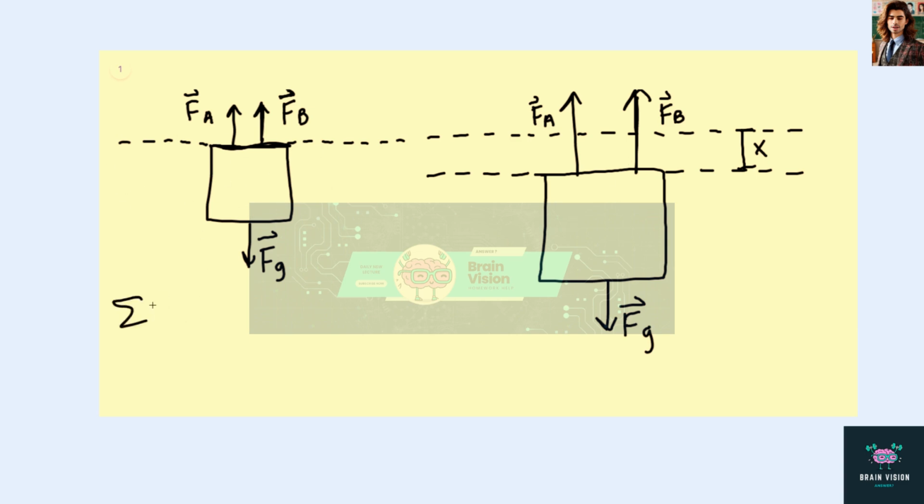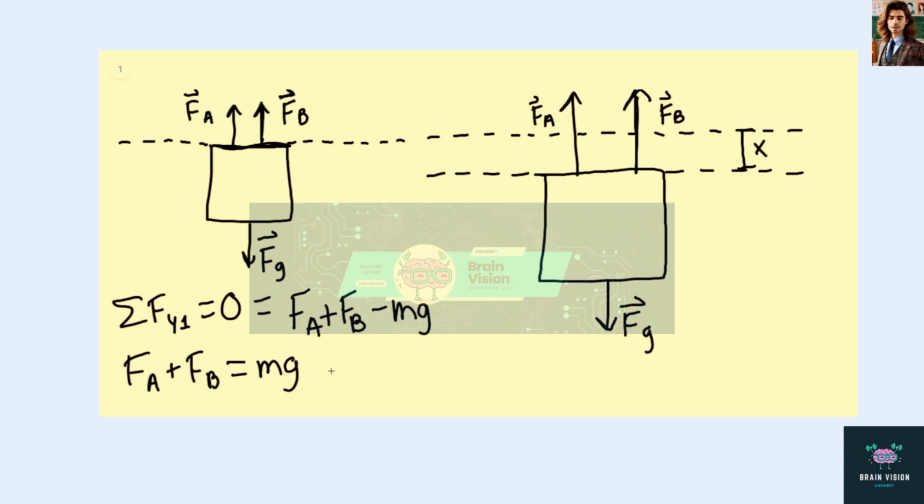So we have sigma F of y1 is going to be equal to 0 newtons. So 1 just denotes this equilibrium. And this is going to be F of A plus F of B minus mg. So we can say that F of A plus F of B equals mg.